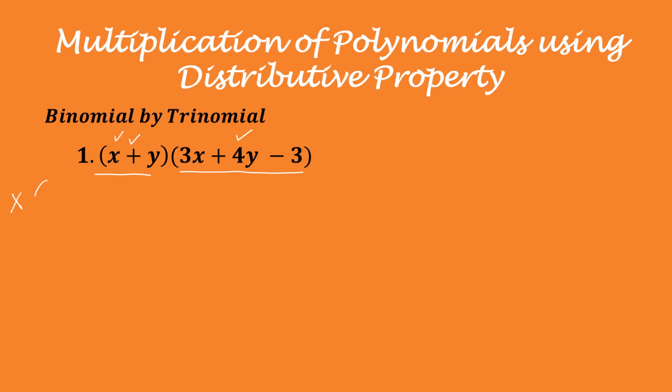The x will be multiplied to the second set, 3x plus 4y minus 3. Then the second term in our first set is plus y. Then that will be distributed to 3x plus 4y minus 3.